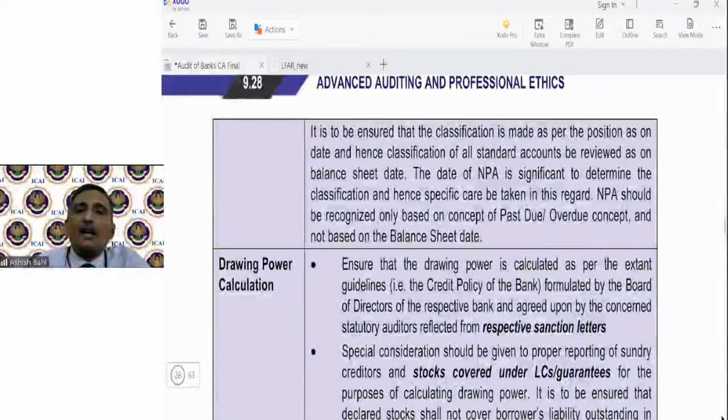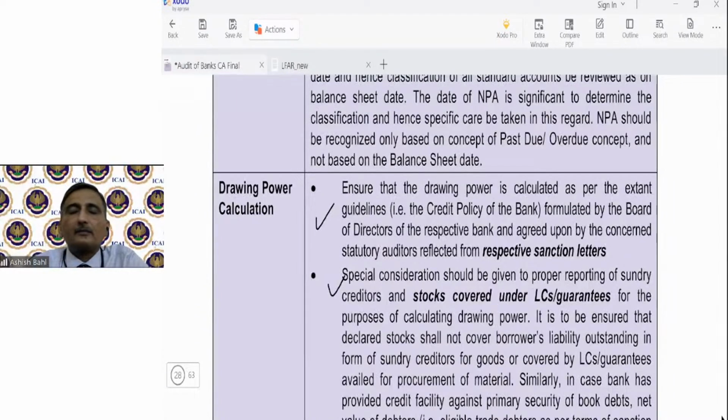Yes, students, you already know the drawing power term is used in the context of stock statements and book debt statements submitted by borrowers as part of availing their working capital credit facility, their cash credit facilities. Janvi, Jay, Namrata, Kaushiki, you know about drawing power? You have already read about the same.